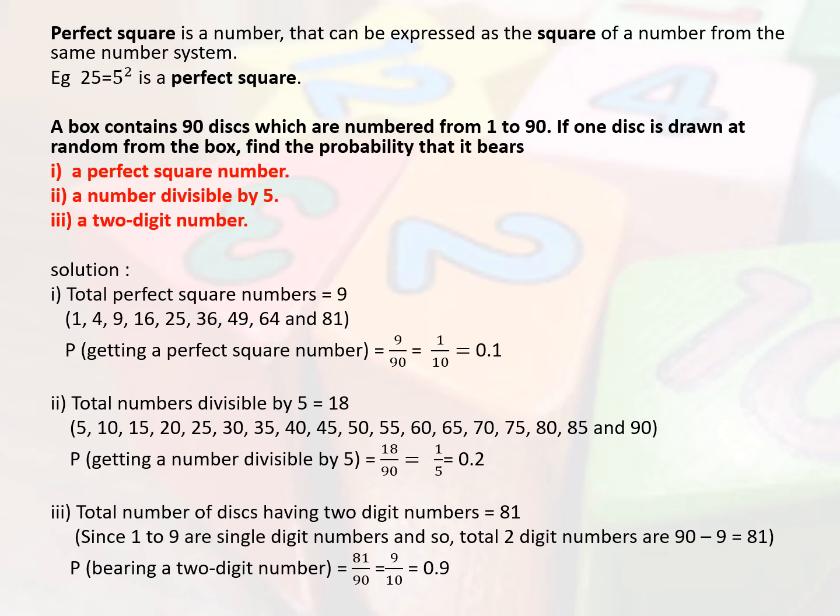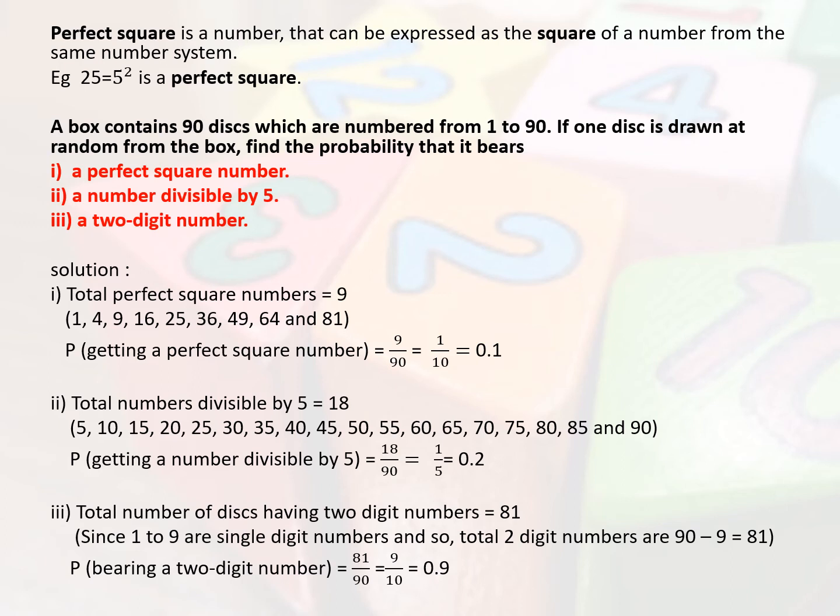Next we have the definition of perfect square. A perfect square is a number that can be expressed as the square of a number from the same number system. That means if we are taking the family of natural numbers, we have to take the natural numbers only. So an example is 25. It can be written as 5 squared, so it is a perfect square.